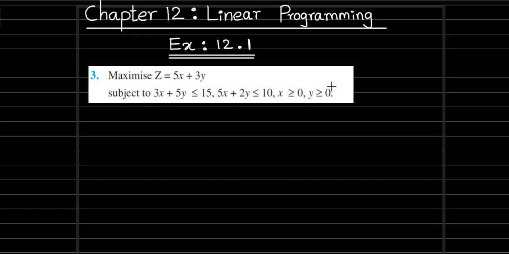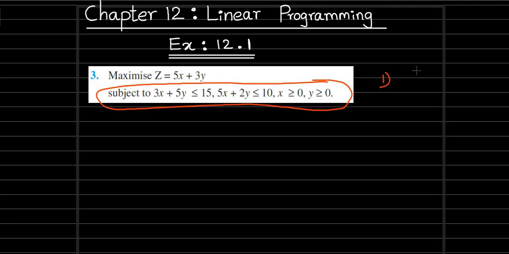The first thing is the given constraints, which are basically these inequalities. With the help of these inequalities, we have to find the common solution space for all four inequalities together. For the given inequalities, identify the common solution space.